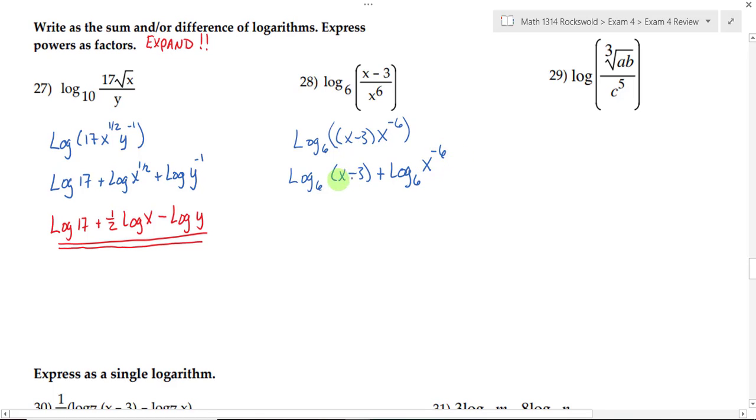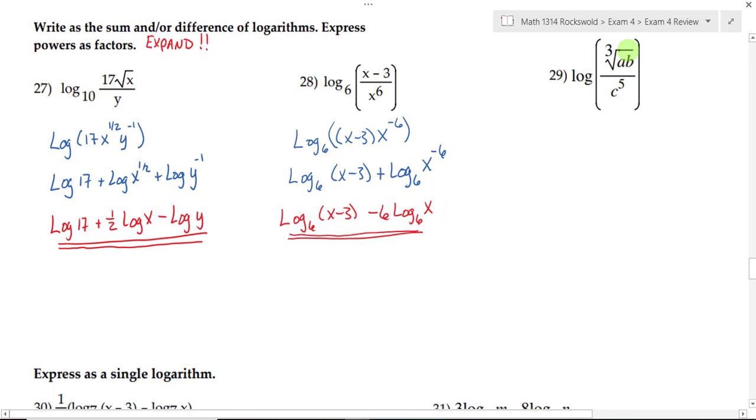Can I split this up by distributing the log base 6 across the subtraction? No, you cannot. That argument of the log cannot be messed with unless you use the product rule or the quotient rule or the power rule. We don't have a rule for distributing logs across parentheses. So my final answer here will be log base 6 of x minus 3 minus 6 log base 6 of x.